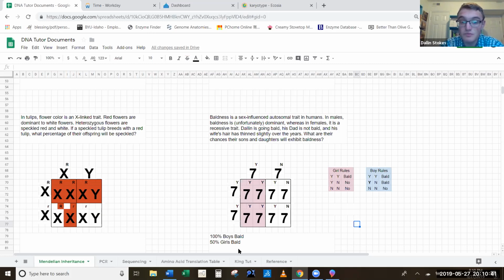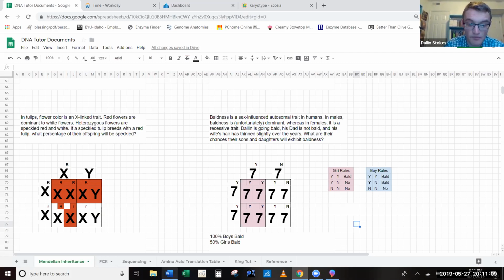And then once you do the Punnett square using yeses and nos, then you can go back through and apply the hormone preferences to figure out the percentages of boys and girls. So with this one, it is possible to have a 75% or a 25% because we're considering all 4 squares for both genders.